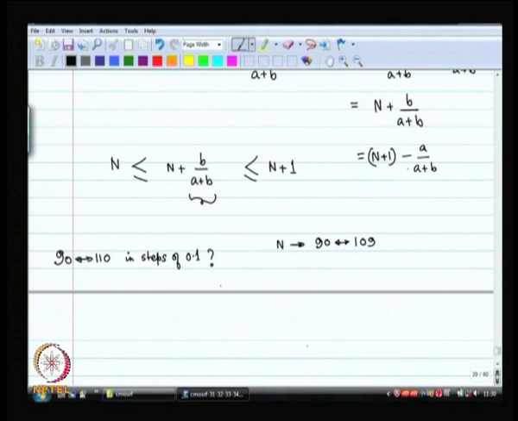What about b and a? I want a plus b to be a number like 10. So, I can have 10 possibilities, a equal to 0, b equal to 10. I really do not need to do that. I could just choose a equal to 10, b equal to 0, it will give me the same thing, same effect, right.